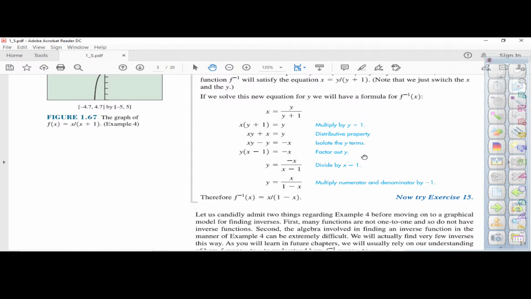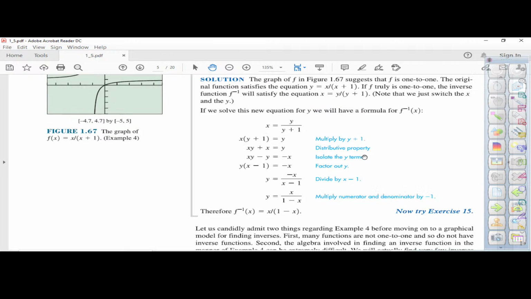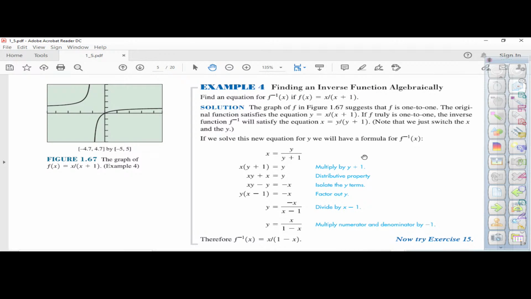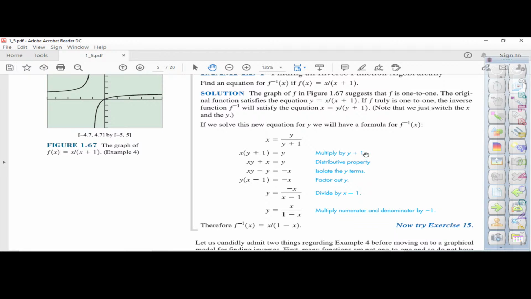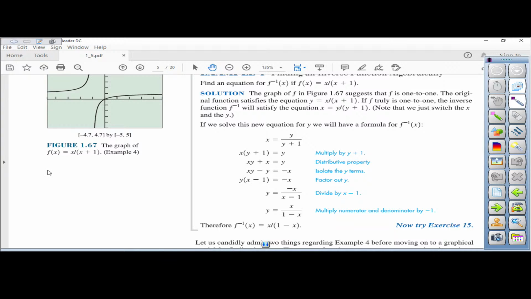We're given a function and we're asked to find f inverse, and we're given f of x equals x divided by x plus 1.